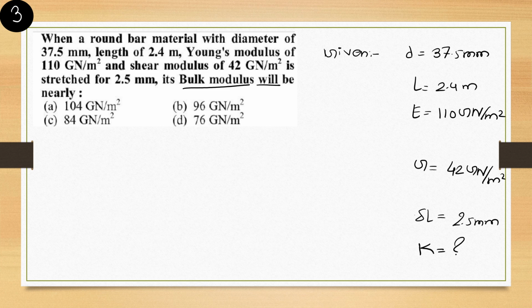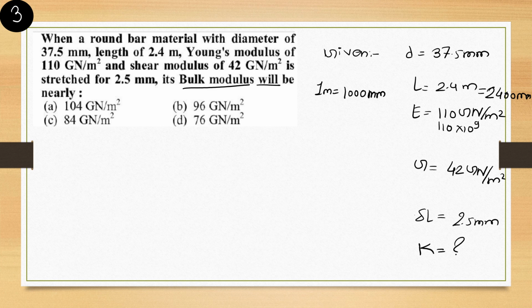First we convert meter into mm for easy calculation. 1 meter is equal to 1000 mm, so 2.4 meter is 2400 mm. Then 110 giga means 10 raised to 9.